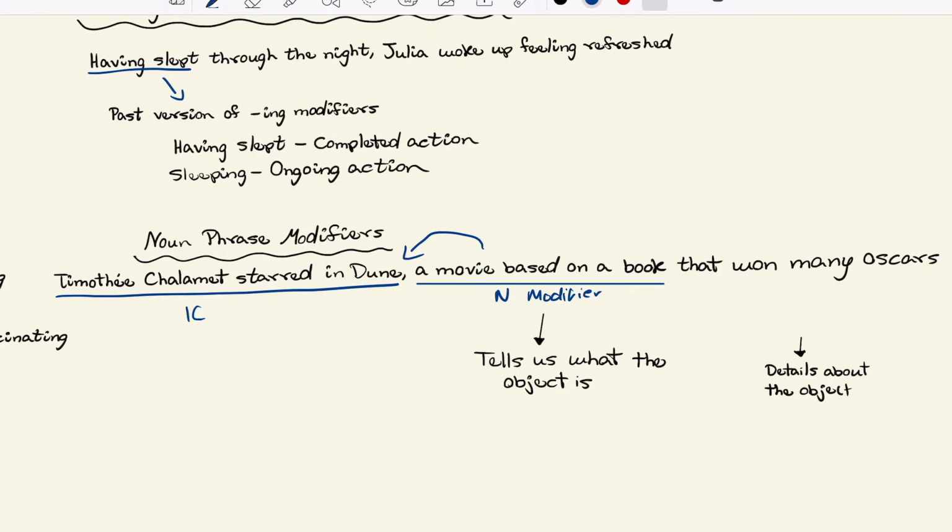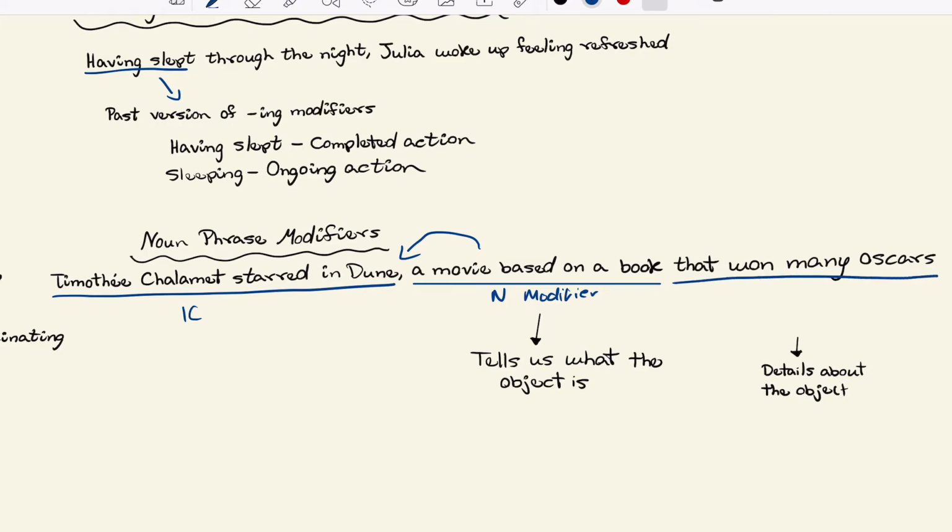And the last part of the sentence, "that won many Oscars," is a noun modifier on the previous modifier, and also Dune, because it's giving us additional information and details about the Oscars that Dune won.